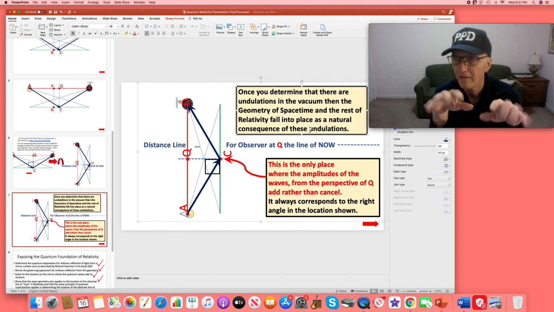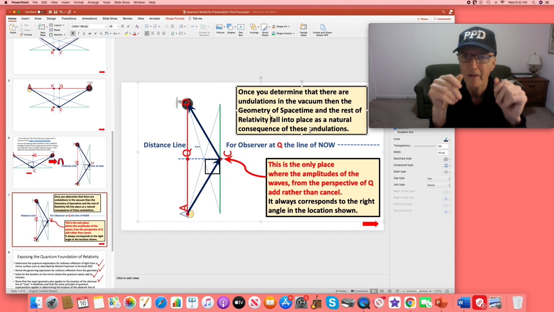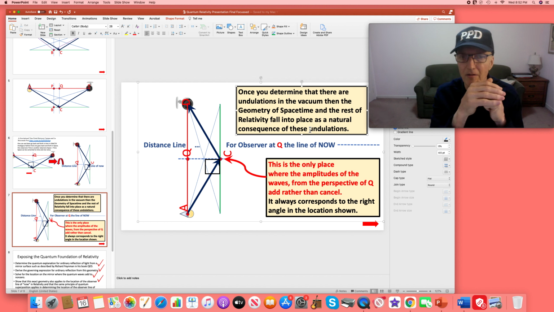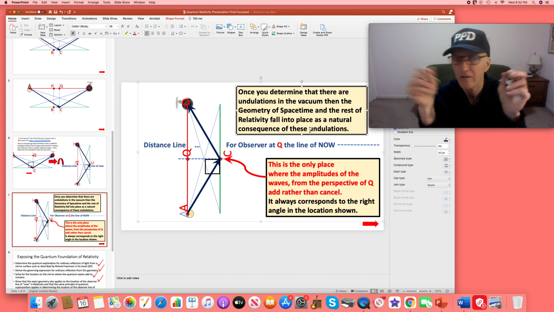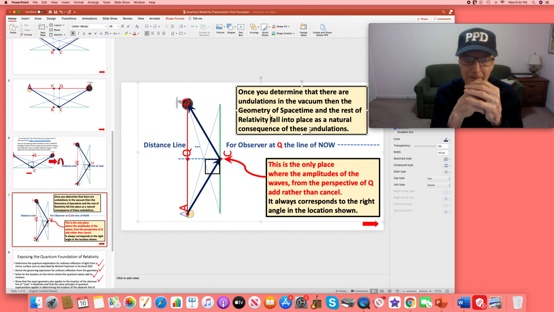Some people call them probability waves. Once you determine that there are probability waves in the vacuum, then the geometry of space-time and the rest of relativity fall into place as a natural consequence of the behavior of these undulations, where they cancel.